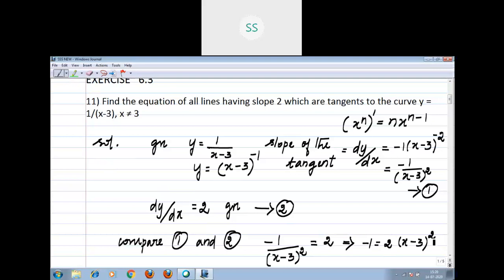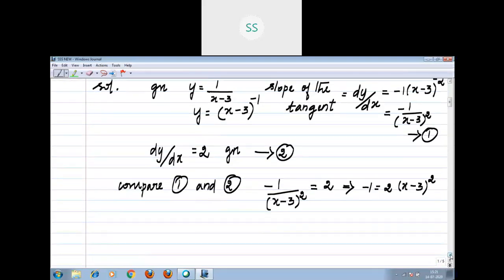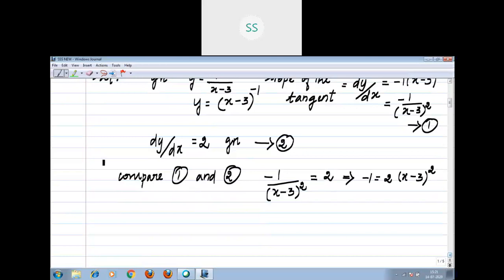Now the next step: x minus 3 the whole square equal to minus 1 by 2. Normally we used to take a square root. Is it possible here, children? No, because the right hand side is negative, you can't take a square root.